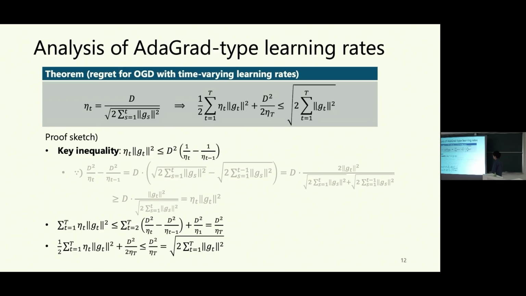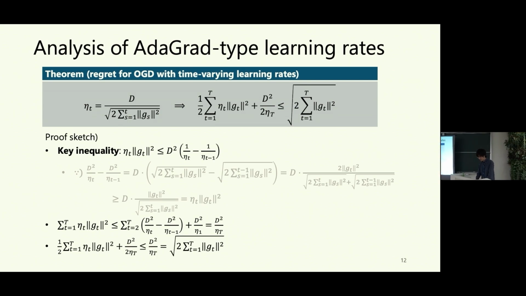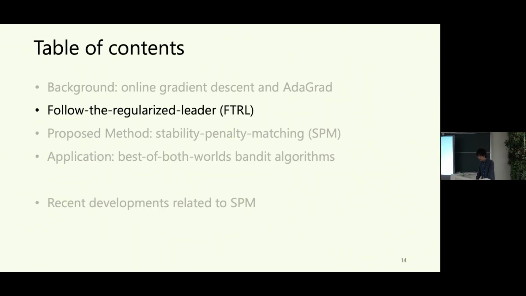So with this, the sum is bounded by 1 over eta_t by applying the telescoping sum. Then we can get this G_T dependent upper bound. So this is a nice technique in the context of online gradient descent.